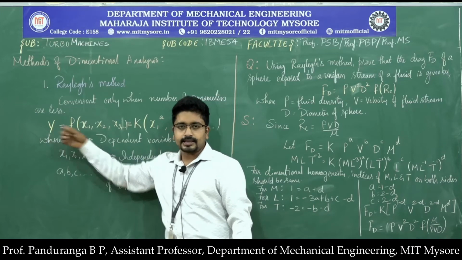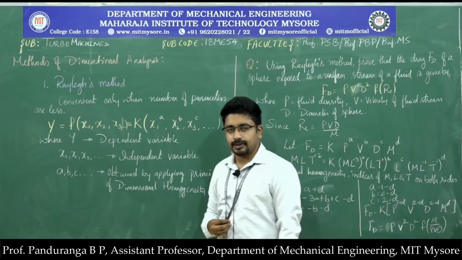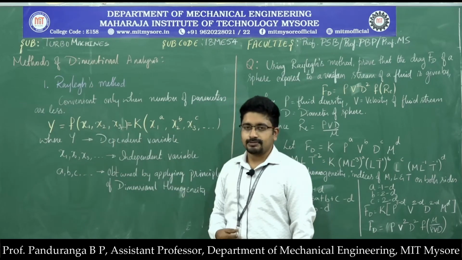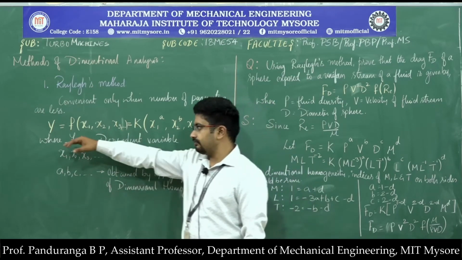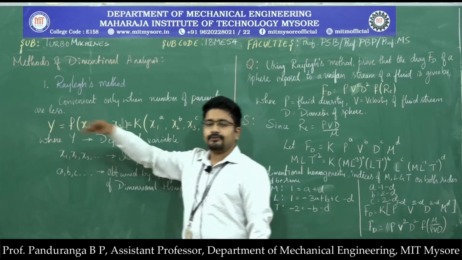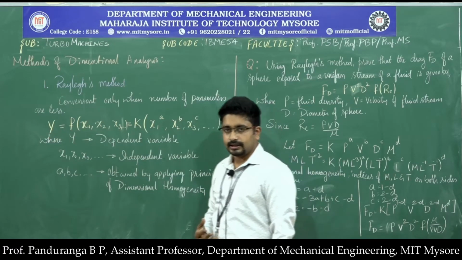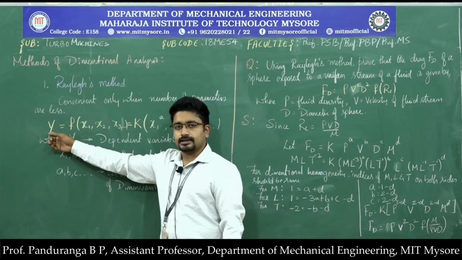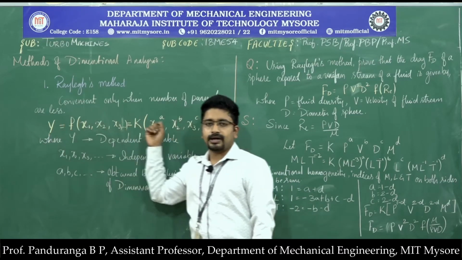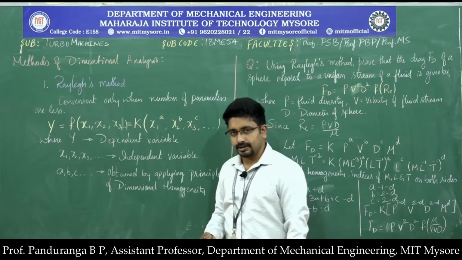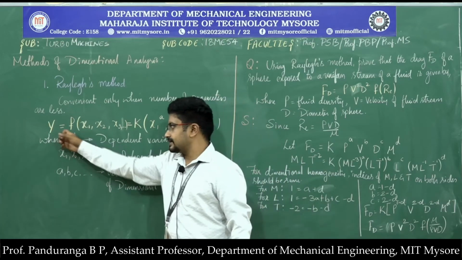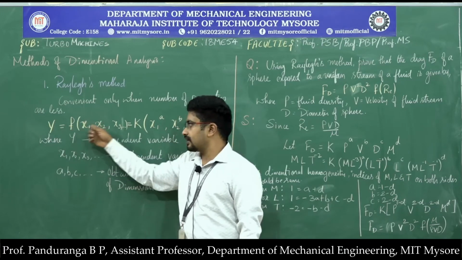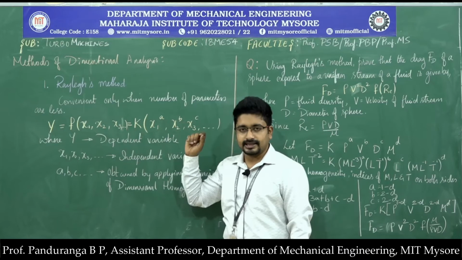So y is the dependent variable, and x1, x2, x3 and so on are independent variables. When we know a process and all the parameters involved in it, and we want to determine a particular parameter, then that can be taken as the dependent variable, and the other parameters can be grouped as independent variables. That's why we have written y as a function of x1, x2, x3 up to xn.